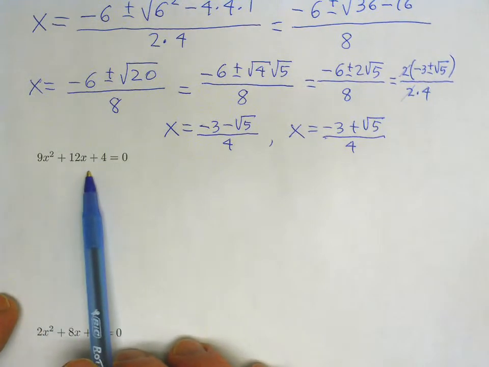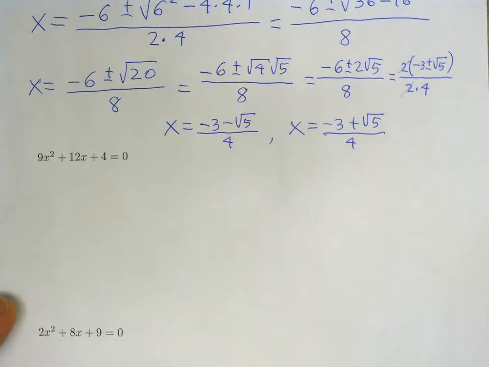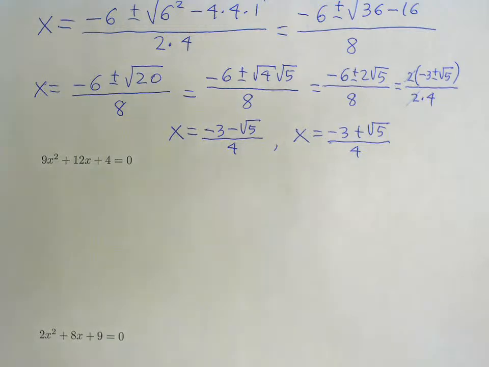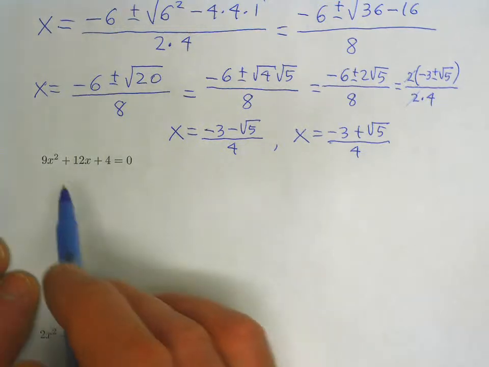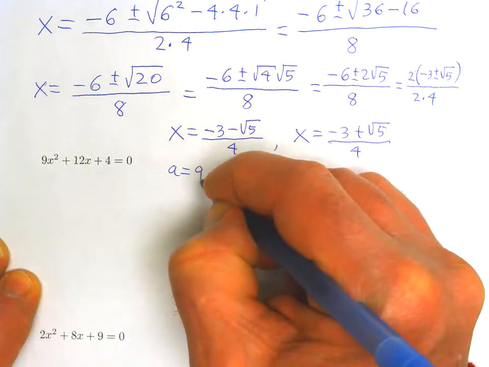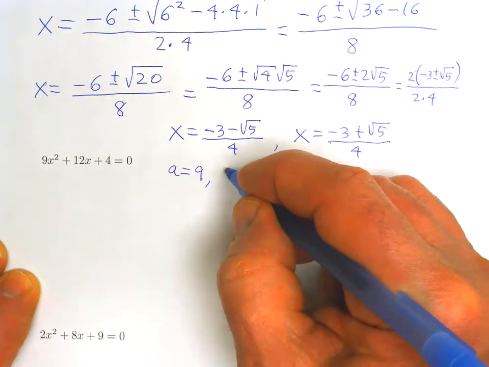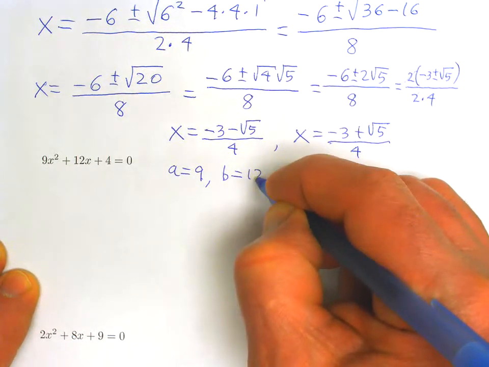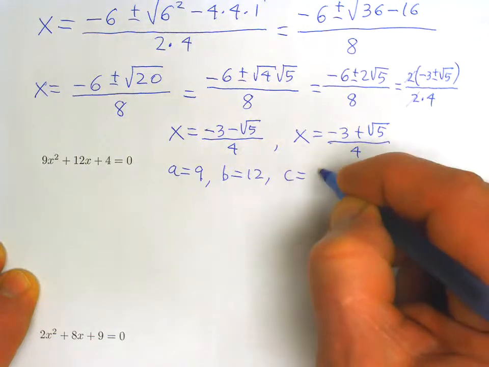9x squared plus 12x plus 4 equals 0. It's in standard form. So the value of a is 9. The value of b is 12. The value of c is 4.